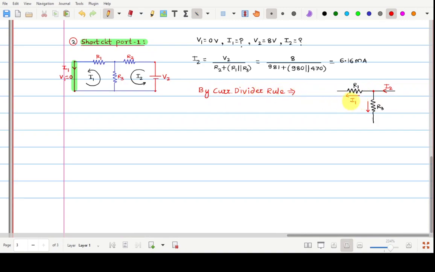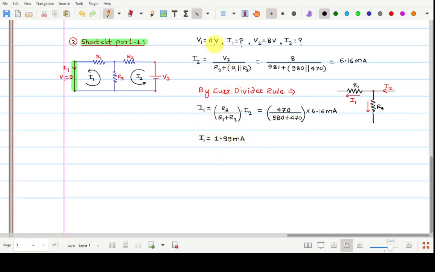So according to this rule, we are finding the current flowing through R1, so the opposite resistance is R3. So R3 upon total resistance. Current is divided into R1 and R3, so R1 plus R3, multiplied by the incoming current, which is I2. Now put all these values, you will get the value of I1 as 1.99 milliampere.